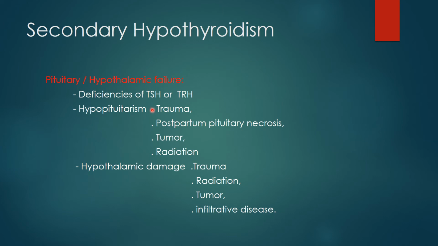For example, in hypopituitarism, either there is trauma to the pituitary gland, maybe postpartum pituitary necrosis or a tumor, or radiation induced damage. Similarly, in the hypothalamus, trauma, radiation, tumor, or any sort of infiltrative disease of the hypothalamus results in a decrease in TSH and TRH level, which ultimately leads to hypothyroidism.